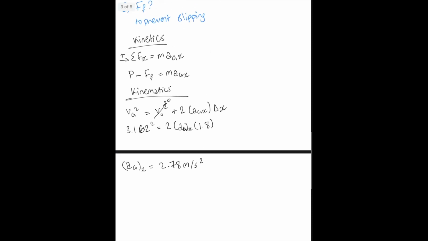And if we plug that back in here, we get 100 minus the frictional force is equal to 24 multiplied by 2.78, to give us a final value for the frictional force, which is 33.3 newtons. And that's the final answer.